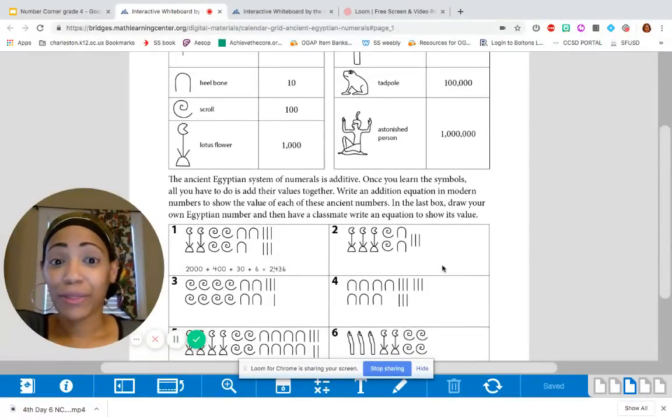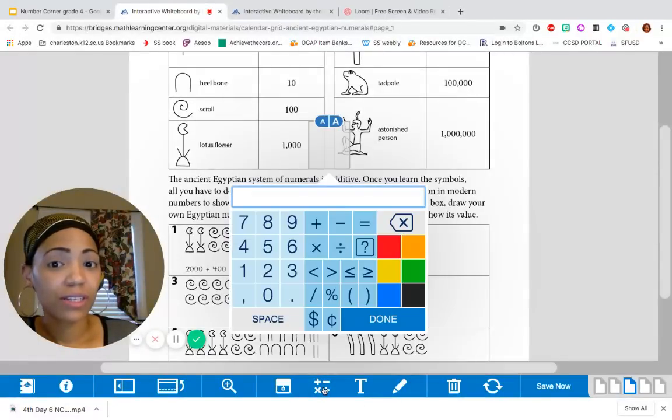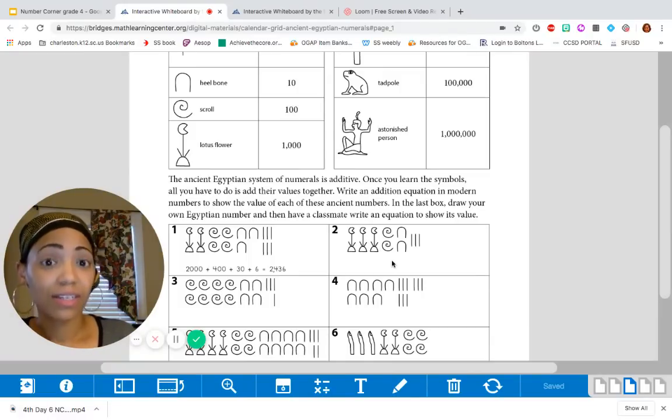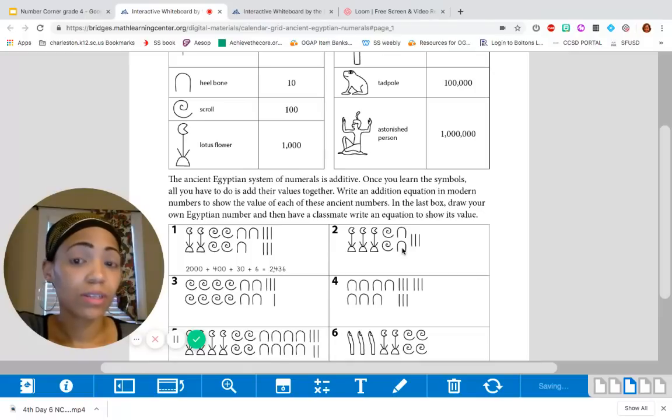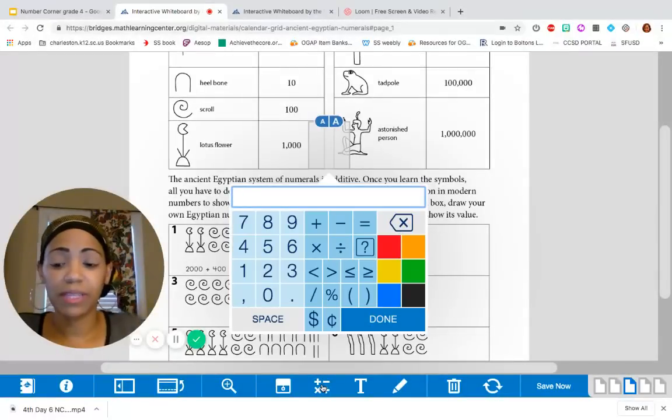So we have 3 lotus flowers, which makes it how much? Right, 3,000. And we have 2 scrolls, we know each one's 100, 200, 2 heel bones, 20, and 3 staff. So let's record that.